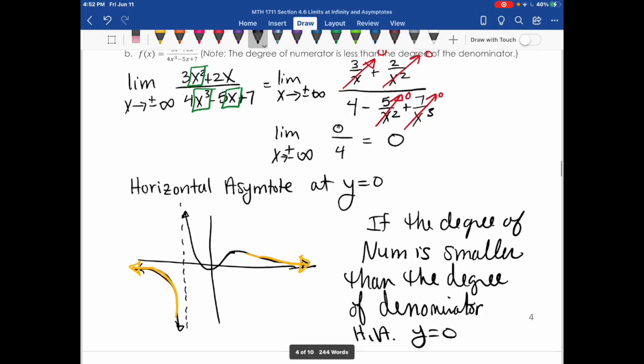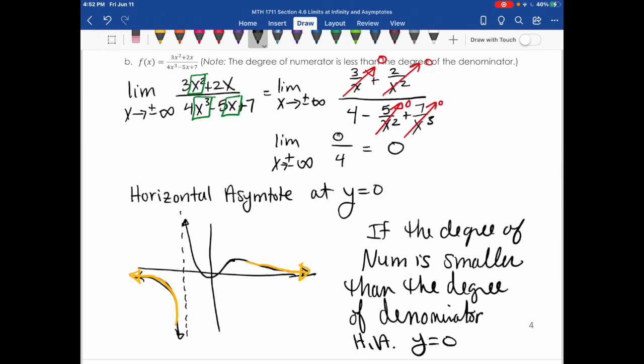And this is exactly why, because if I divide everything by the highest exponent of x, what's going to happen is you're going to end up with 0 on the top over some number, some constant, which is going to end up giving you 0.